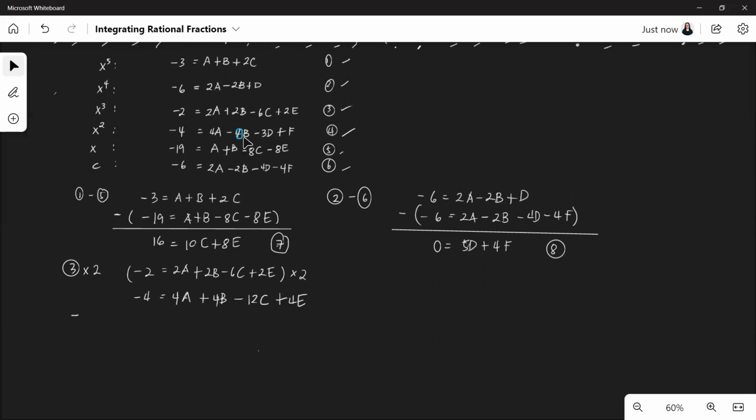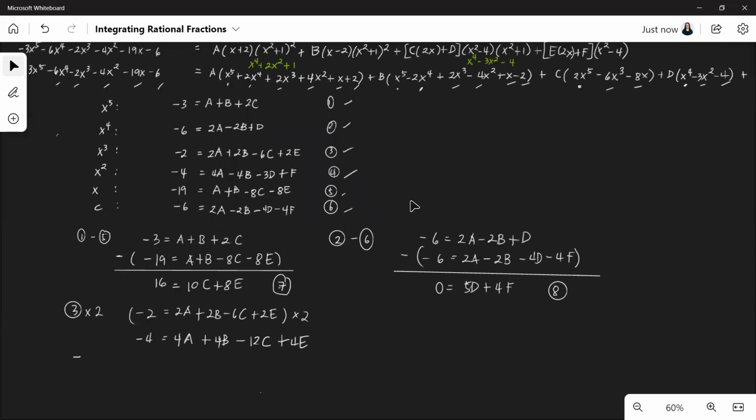We can eliminate only one of the two terms and not both because it's a plus here and a minus here. So if we subtract equation 4, we'll end up with B, C, D, E, and F. So we cannot eliminate B here. It's a sort of trial and error.